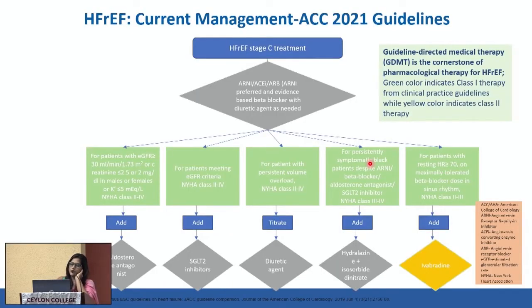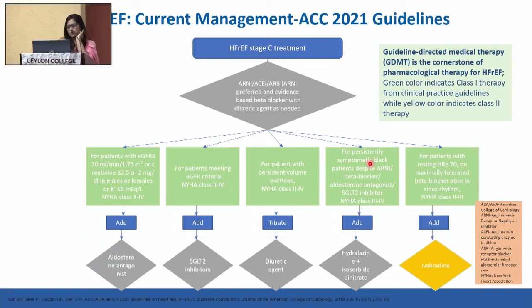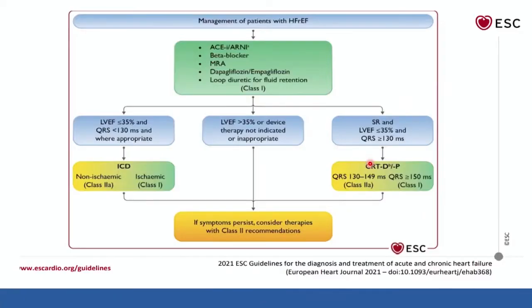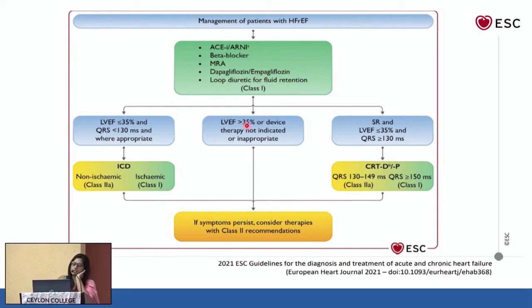Because of that, the ACC 2020 guidelines have asked us to go for a tailor-made approach rather than going by the sequential approach. In addition to that, we have given this drug management, but we have to understand that another pathway for the management also exists.